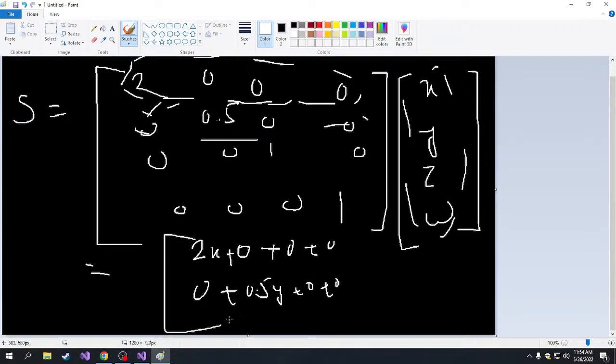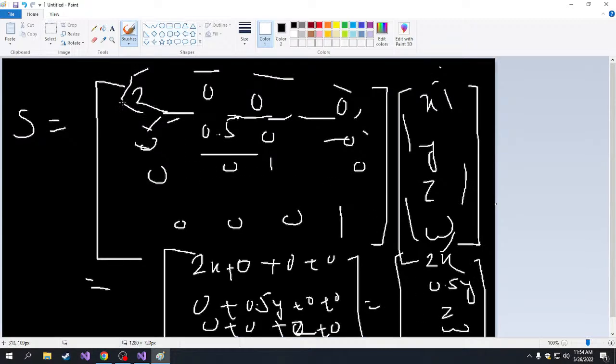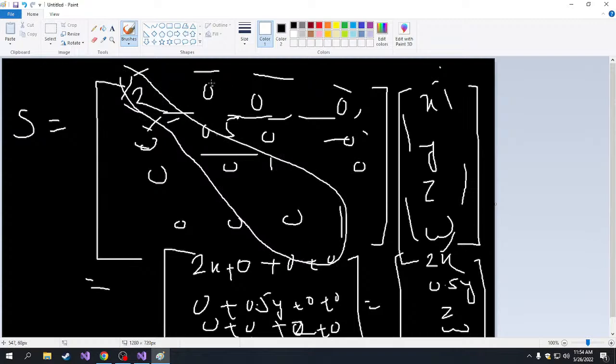And this is going to multiply with this, so 0 plus 0 plus z plus 0, and this is just going to be 0 plus 0 plus 0 plus w. Okay, so in the end what we get is 2x, 0.5y, z, and w. Awesome. So this is pretty much how you make a scaling matrix. Okay, we put the scaling values in the diagonal of the matrix, and the other things must be 0.